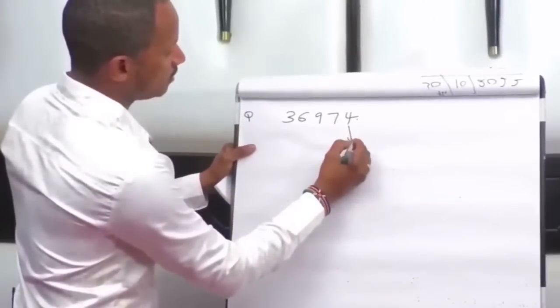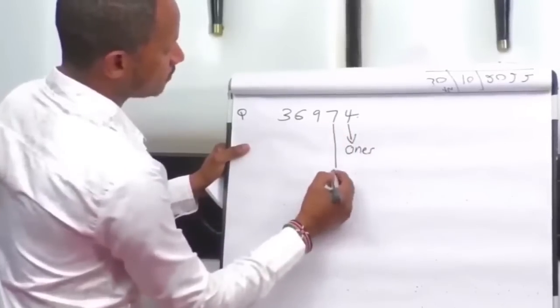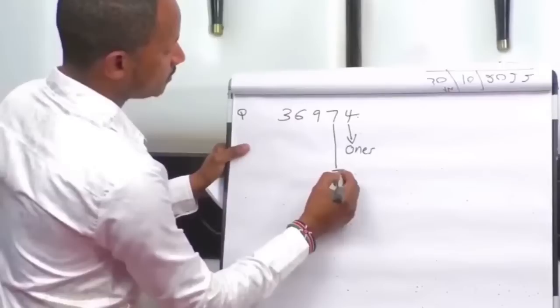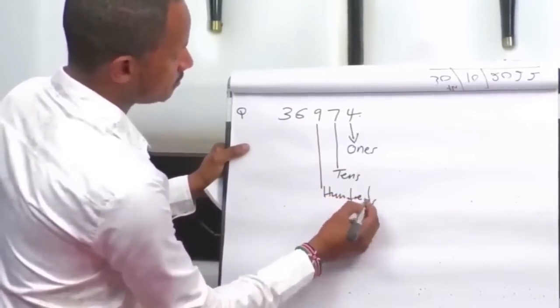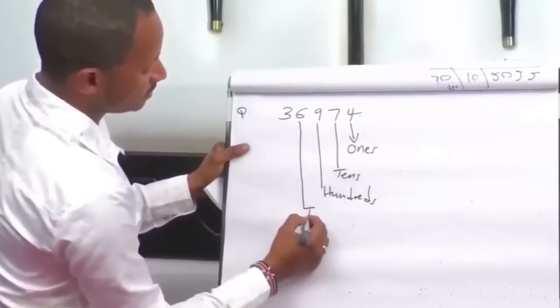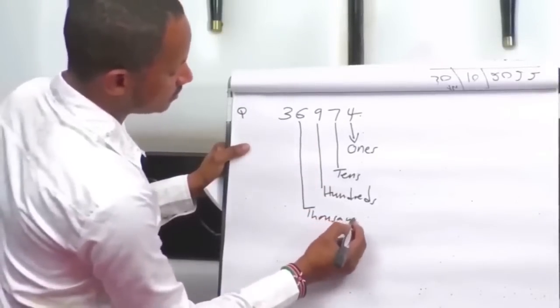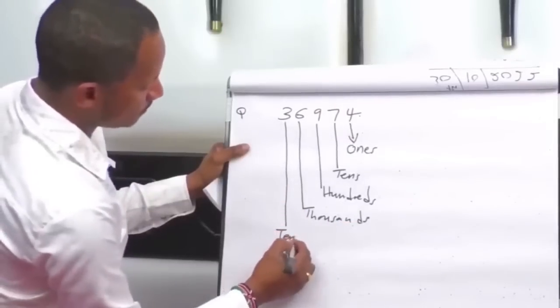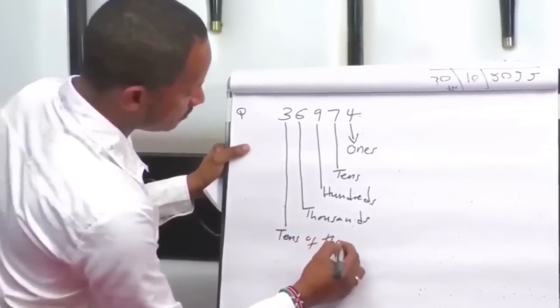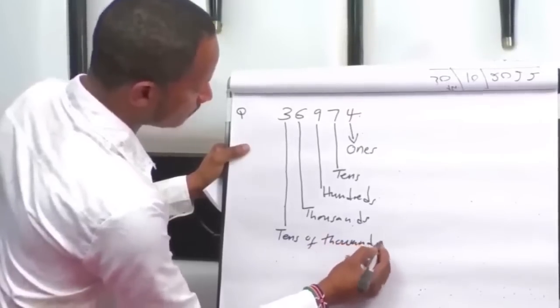So the value of 6 in this number, we start with here. This value is ones, tens, hundreds. Then here is thousands. Then 3 is tens of thousands.